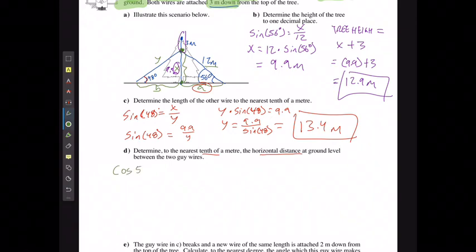Cos of 56 is equal to my adjacent A divided by that 12 meters, which means that A is going to equal 12 times cos of 56. A is equal to 6.710.